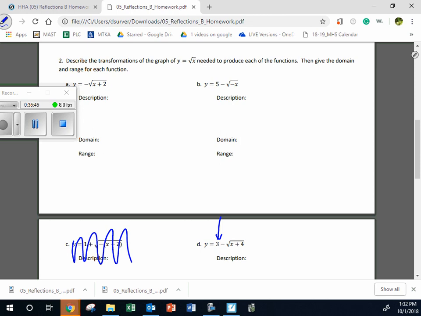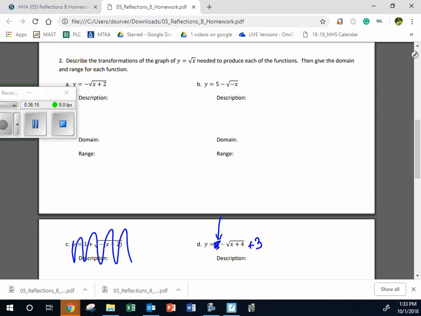That 3 is not a vertical stretch because it's being subtracted with the square root of x minus 4. I could have just as easily put that 3 at the end here. You get what I'm saying? That negative is a reflection. That 3 should really be at the end. Did you catch that? All right. We like to test people on that, so be careful.